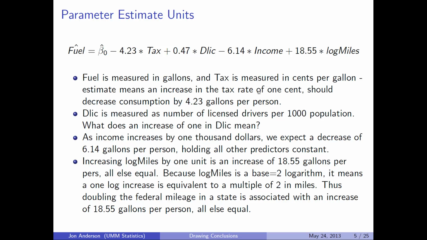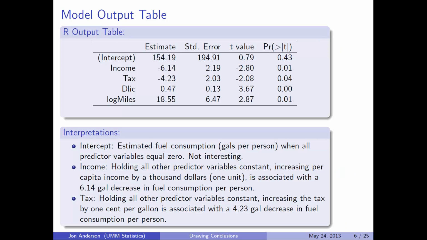The other thing that we want to consider on this next overhead is how to interpret these particular beta hat coefficients. We've been through this on a previous lecture, but let's just remind ourselves that an intercept is the estimated response, in other words, gallons per person, for states that have zero income, zero gasoline tax, no licensed drivers, and no federal highway miles.